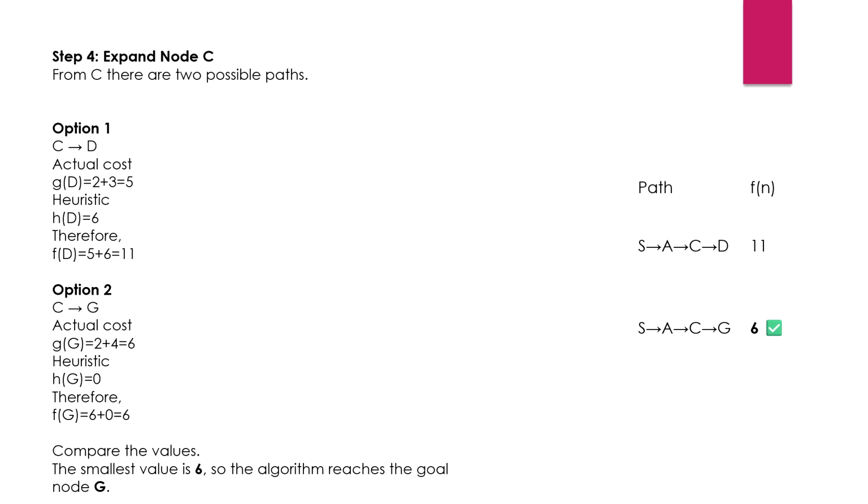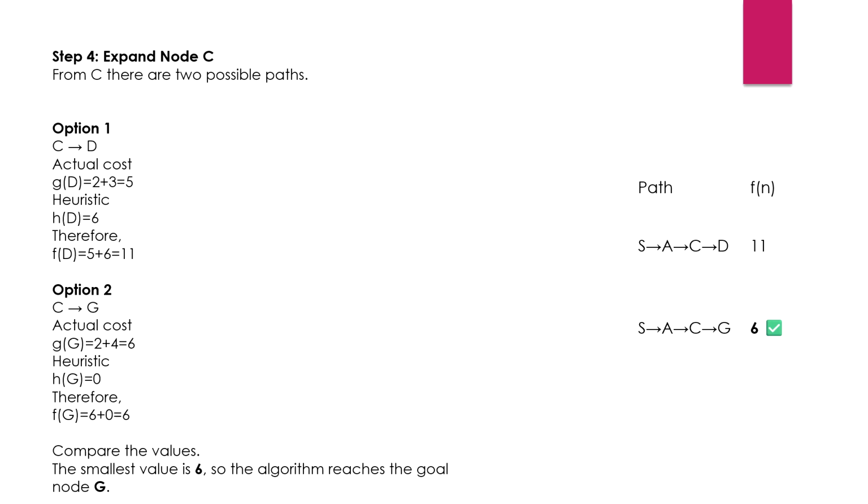Now we have to compare the two values, find the smallest value, and also reach the goal node G. First compare option 1 and option 2. The A-star algorithm finds the shortest path, that means C to G, option 2.